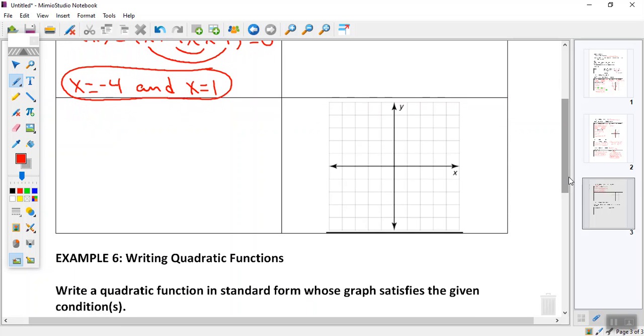So on the left, 1, 2, 3, 4. And 1. All right, now what's next? When I add them together, I get negative 3, is that right? But I have to take that negative 3 and cut it in half.